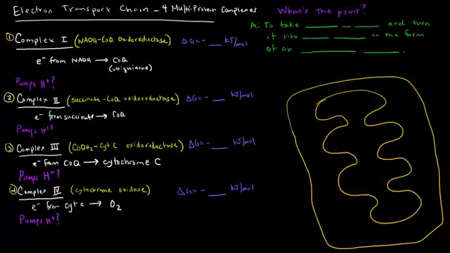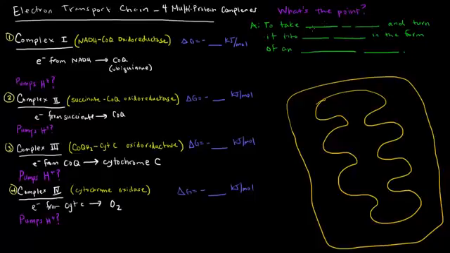But the electrons are going from NADH to coenzyme Q eventually. If you know that much, then what would you expect has the higher reduction potential, NADH or coenzyme Q? If you said coenzyme Q, you're correct, because the electrons flow from low to high reduction potentials. So at complex 1, this is essentially what happens.